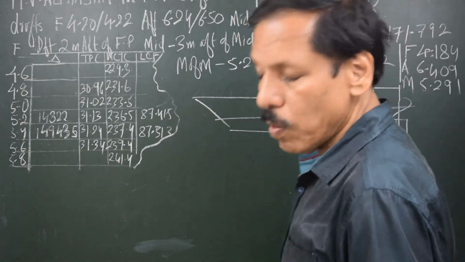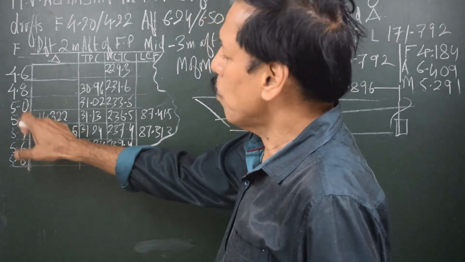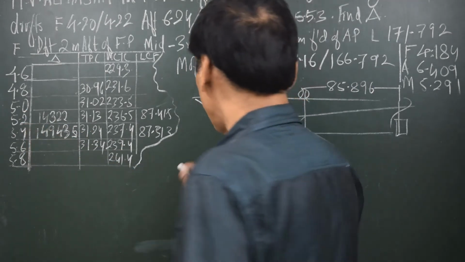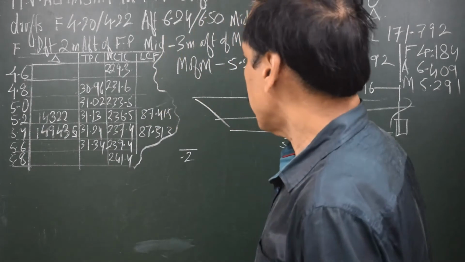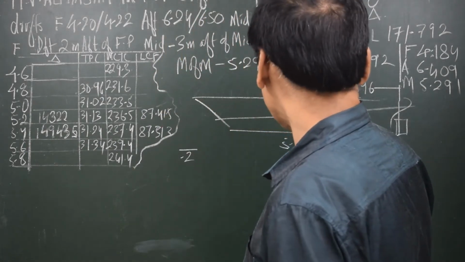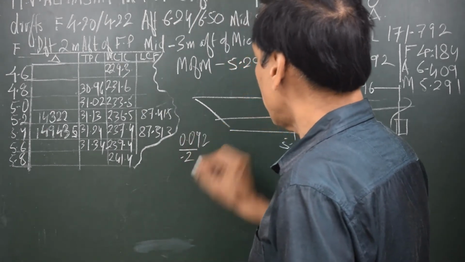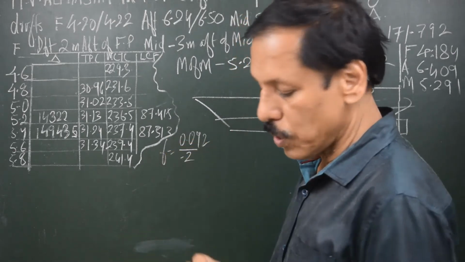As I told you before also, to interpolate, the left hand side column should be in the increasing order. So it is in the increasing order. The difference of 5.2 and 5.4 is 0.2, which I write in the denominator. And the difference between 5.292 and 5.2 is 0.092, which I write down on top. So let us see what is this factor. This gives me the factor for interpolation.